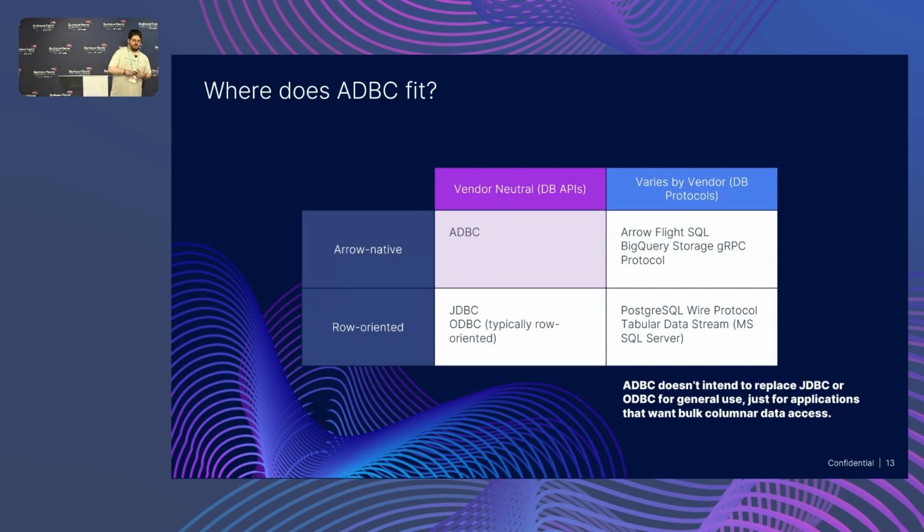Depends on how you integrate with your vendor, with your database, what you're doing. If you want to do anything Arrow native, you have your protocols: Arrow Flight SQL, BigQuery storage, gRPC, Arrow protocols. And then you have the actual API you can utilize, ADBC.